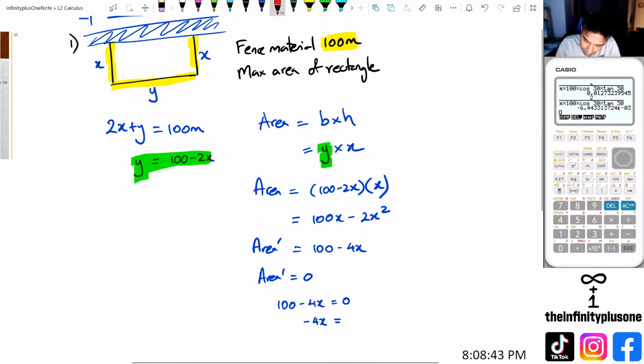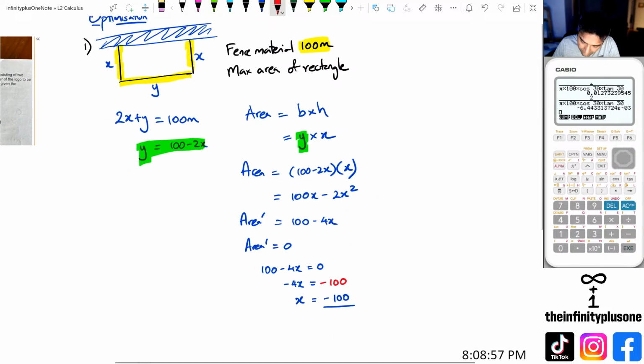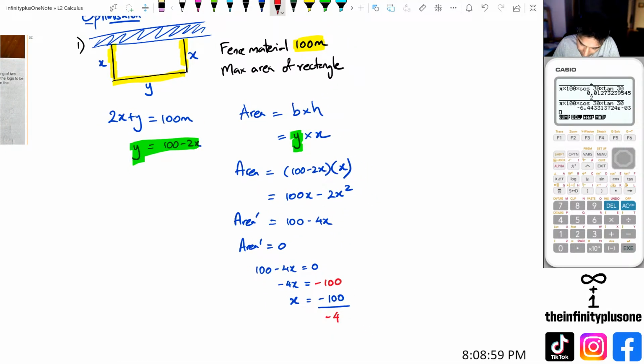Negative 4x equals negative 100, and then x is equal to negative 100 divided by negative 4. So this gives me x equals 25, and if x equals 25, y is equal to 50.